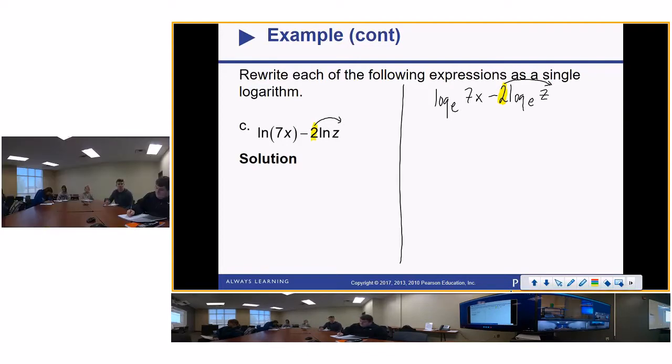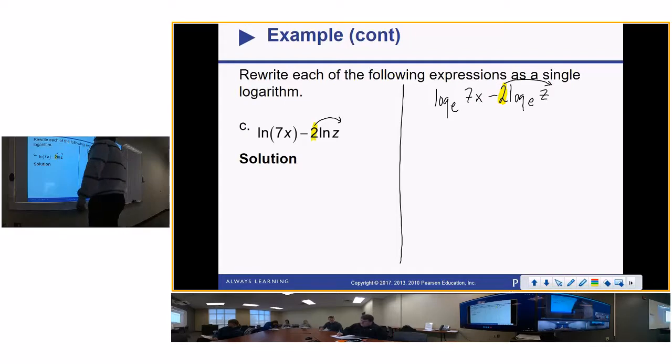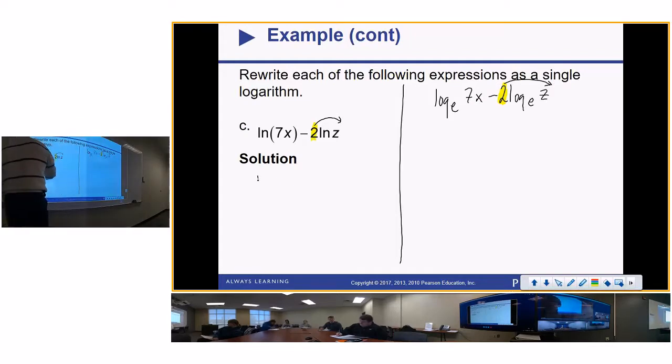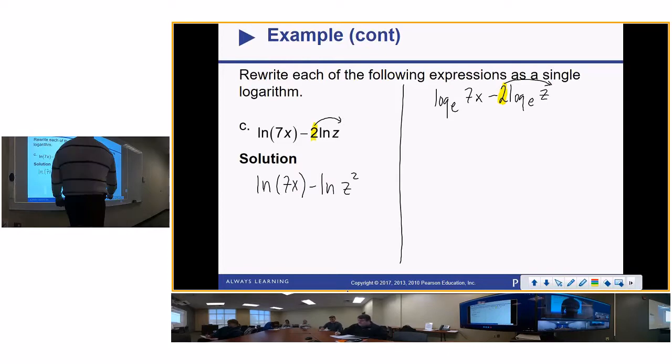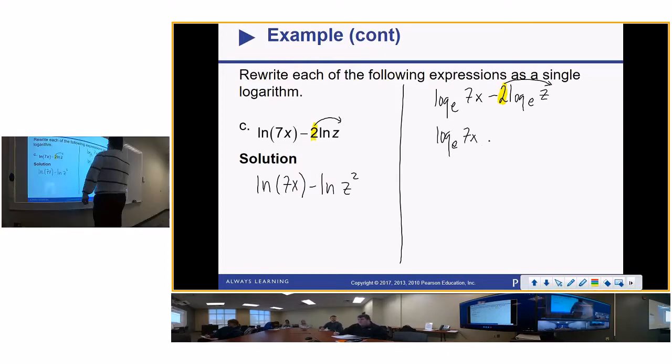So the next line is going to be natural log of 7x minus natural log of z to the second, or log base e of 7x minus log base e of z to the second power.